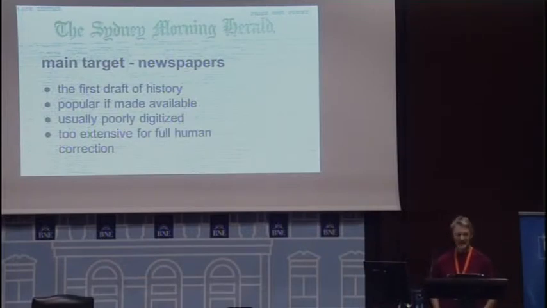And they've proven to be incredibly popular when they are put on the web. For example, at the National Library of Australia, they have 13 million page views per month. And they also have 85,000 volunteer corrections, 85,000 lines corrected per day. Unfortunately, that's not enough.